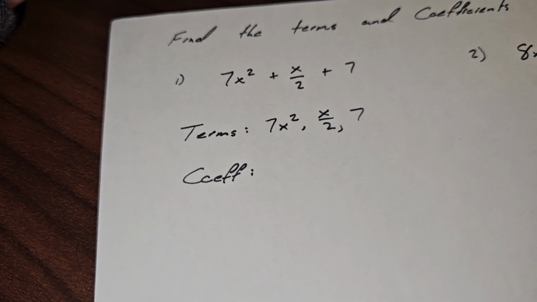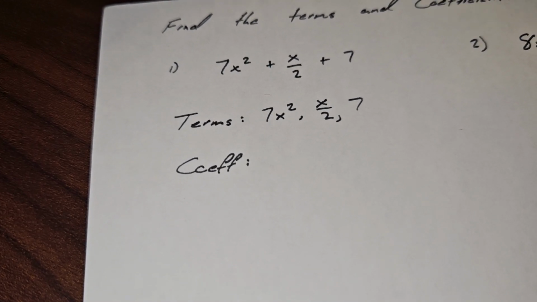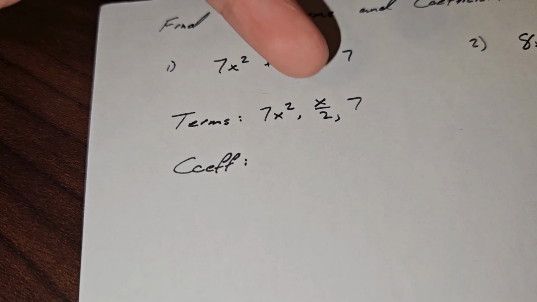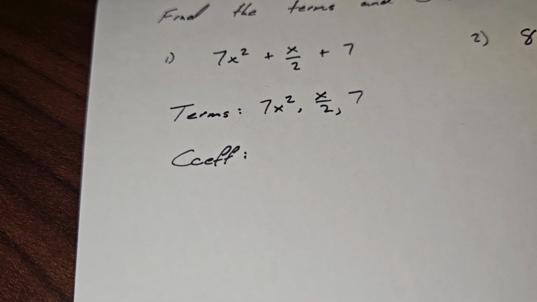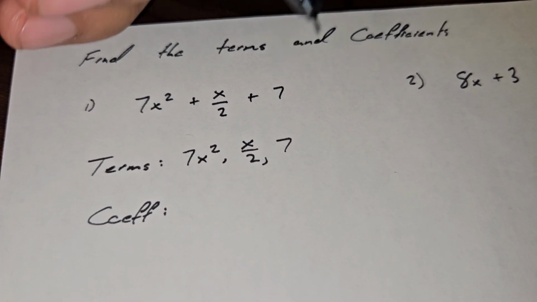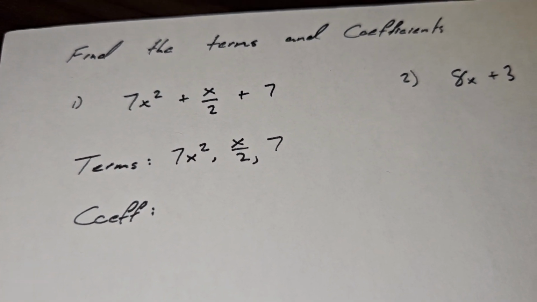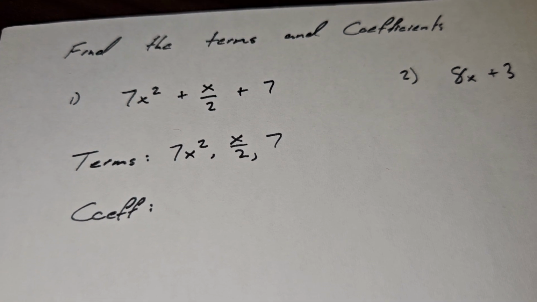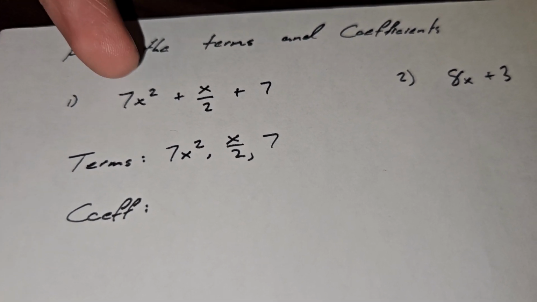To find the coefficients, it's basically just the numerical value in front of the x's. 7 is not going to be a coefficient because it's a constant. So we're only going to write down the 7 right here.